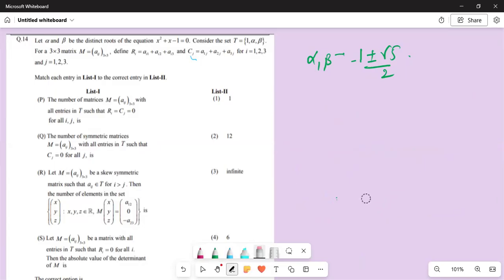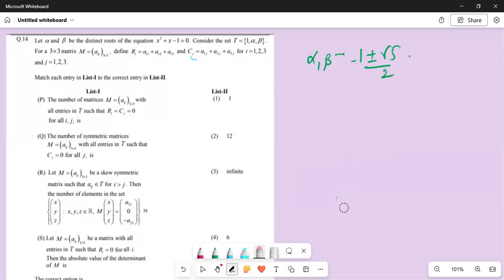Now we'll be solving the question, and this is a match the following question. So for part P, they're saying that find the number of matrices with all the entries in T, and this has to be a 3x3 matrix.